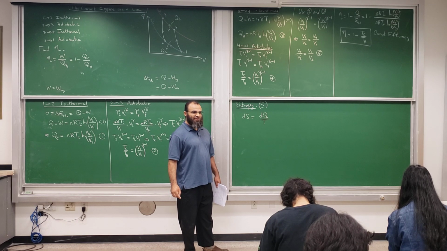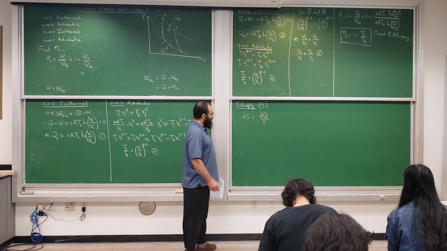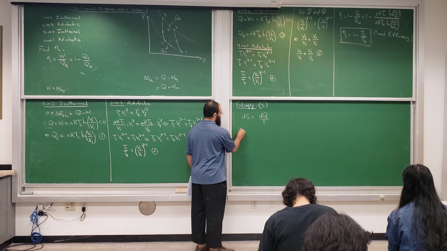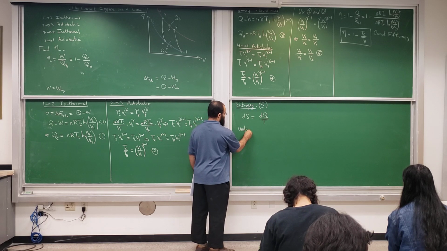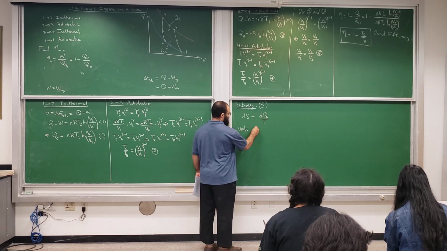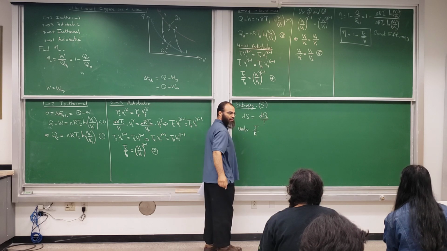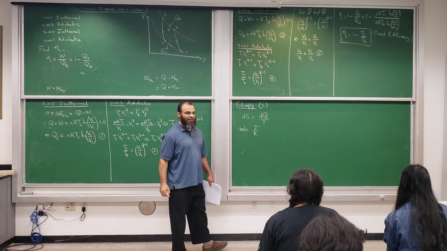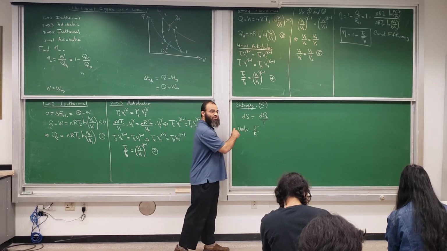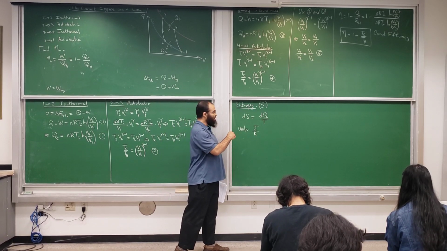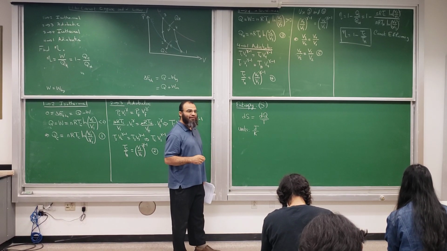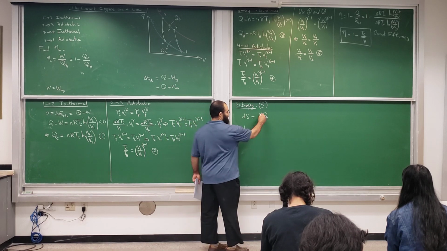So from this definition, what can we say about the units of entropy? Joules per what? Per Kelvin, right? Q is heat.